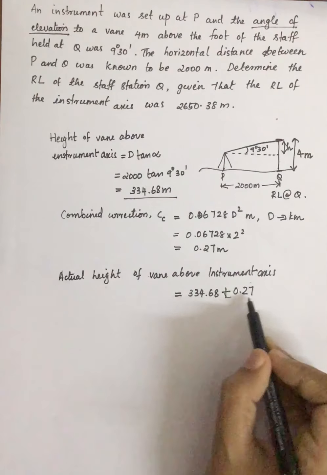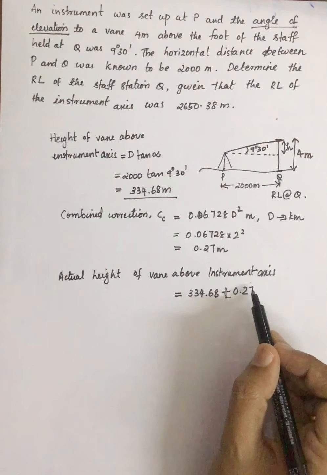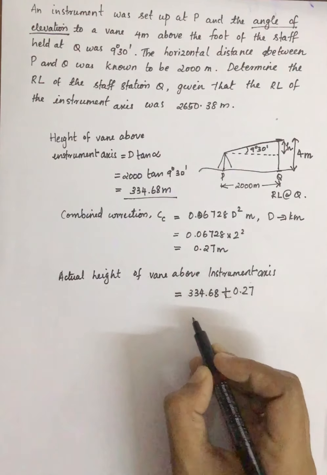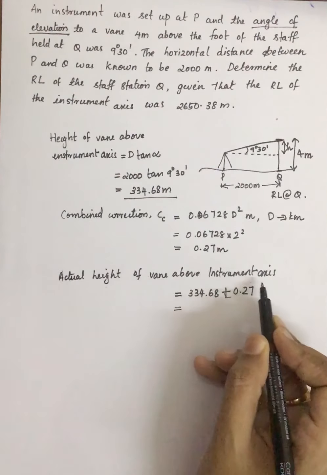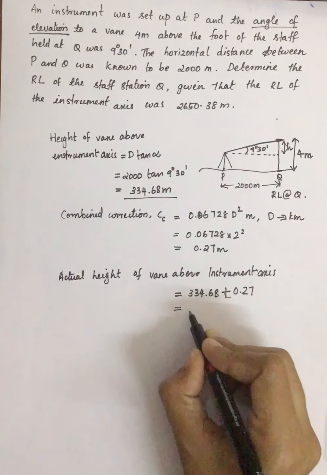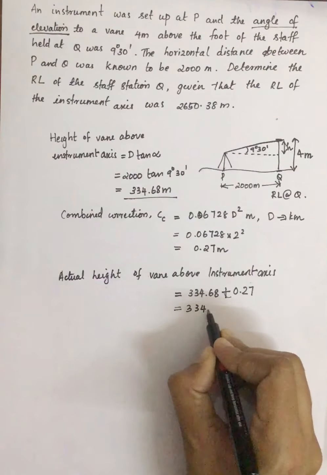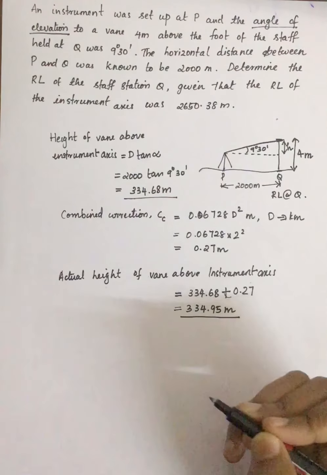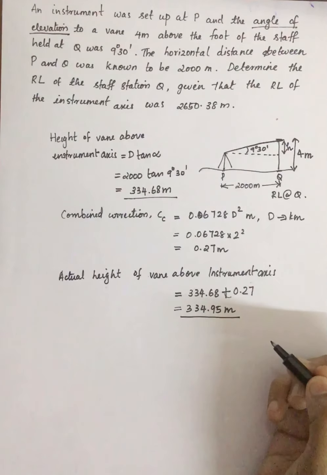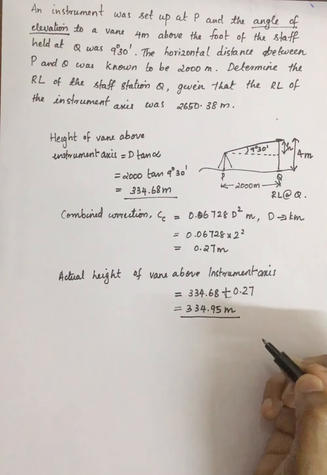So you have applied the correction for curvature and refraction, so that this is the actual height of the vane above the instrument axis, that is 334.95 meters. So before calculating the reduced level of Q, you need to apply correction for curvature and refraction.